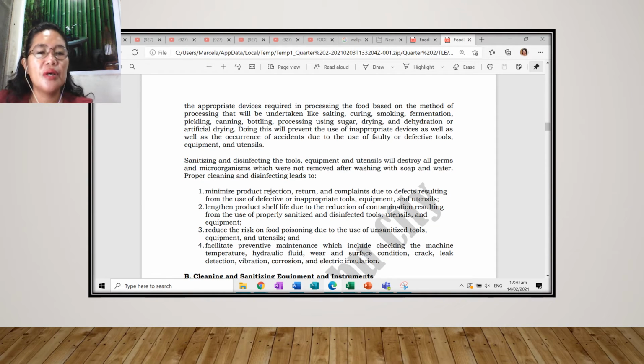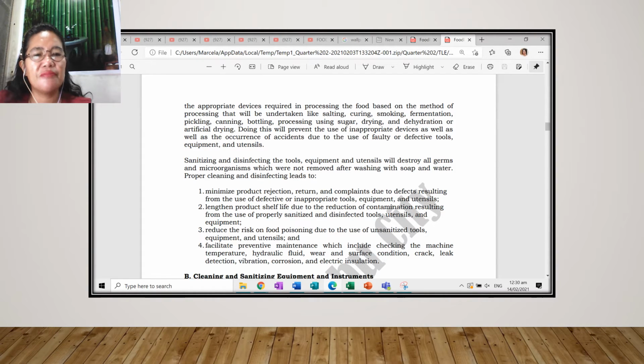Number two, lengthened product shelf life due to the reduction of contamination resulting from the use of properly sanitized and disinfected tools, utensils, and equipment. Number three, reduced risk of food poisoning due to the use of unsanitized tools, equipment, and utensils.